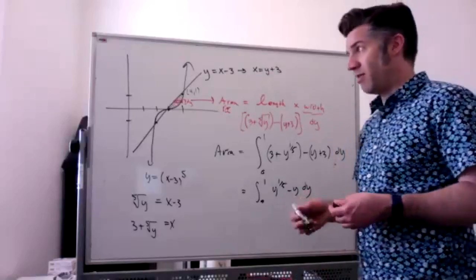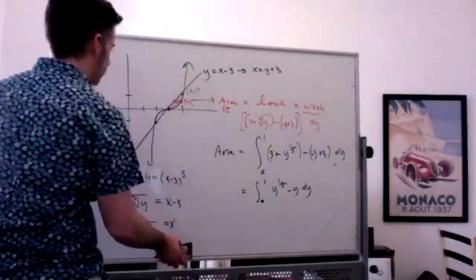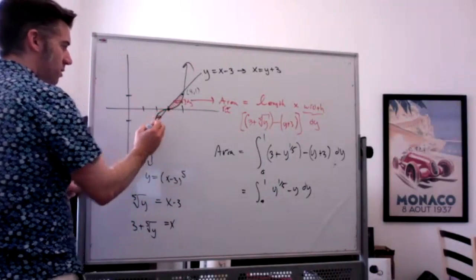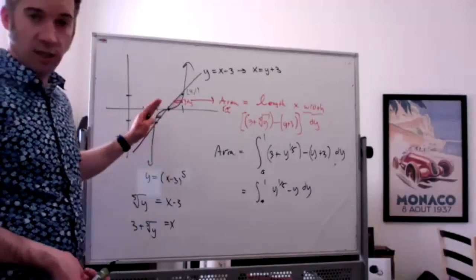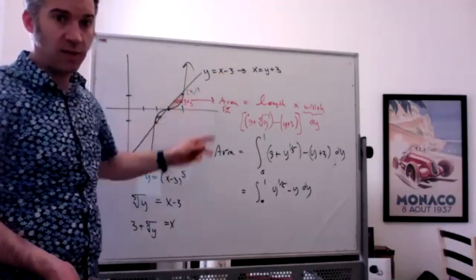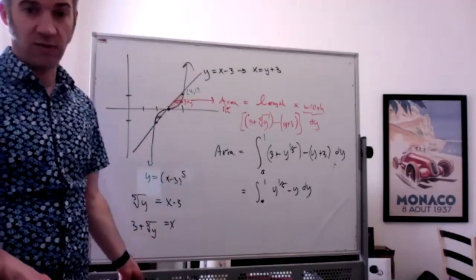Okay, and then this region is going to be very similar, except for this region here, what's the bigger and what's the smaller function has changed. The bigger function is the rightmost function, which is now going to be x equals y plus 3. And the smaller function is the leftmost function, which is now going to be x equals 3 plus the 5th root of y.